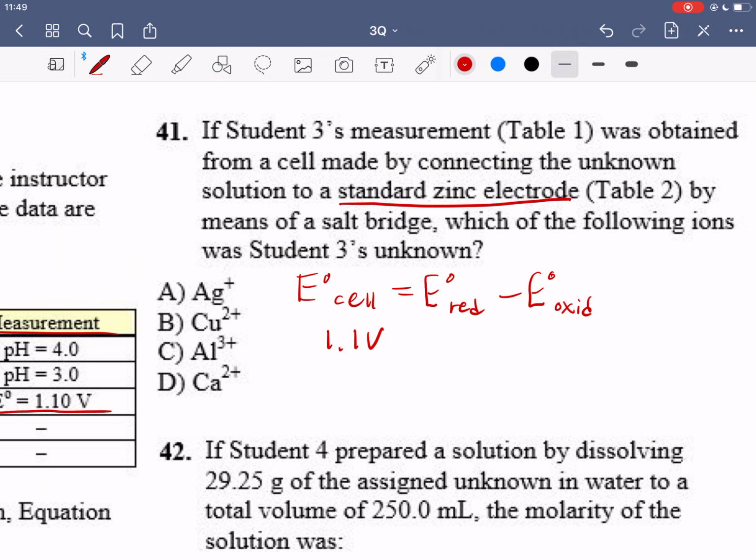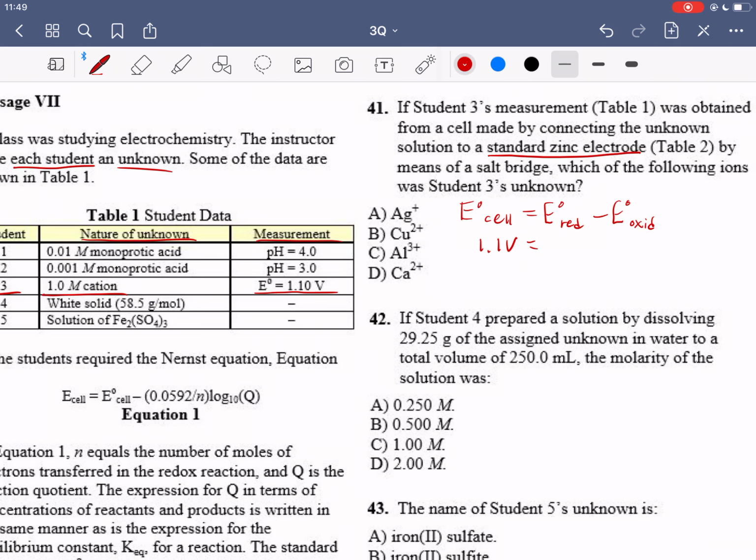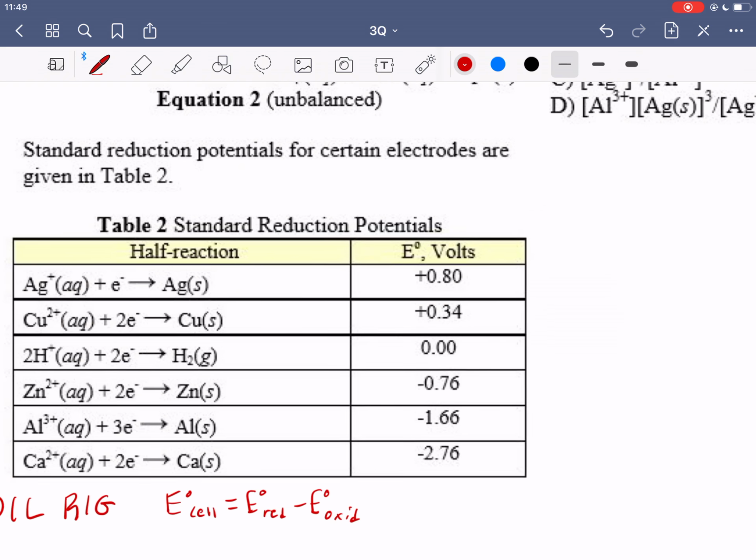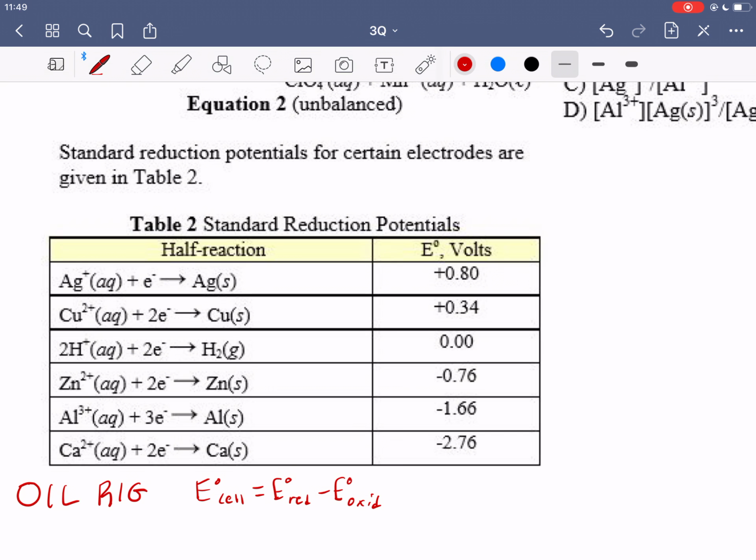Well, we don't know whether the zinc was reduced or oxidized, but when I look at zinc in the table, I look at its value, negative 0.76.